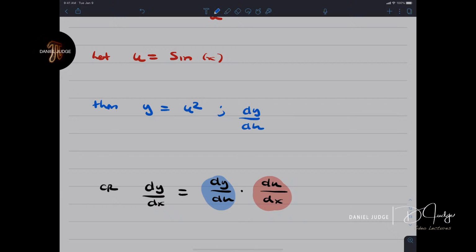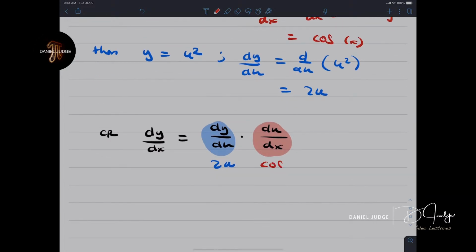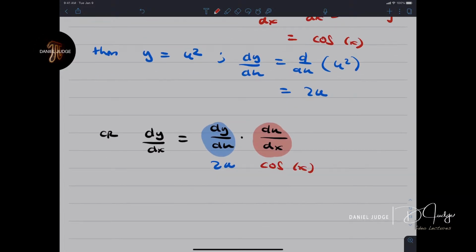dy du, d du of u squared, which gives you 2u. So here's my 2u. The chain portion in chain rule, du dx, is that derivative really of sine. The derivative of sine is cosine. So this portion is cosine.